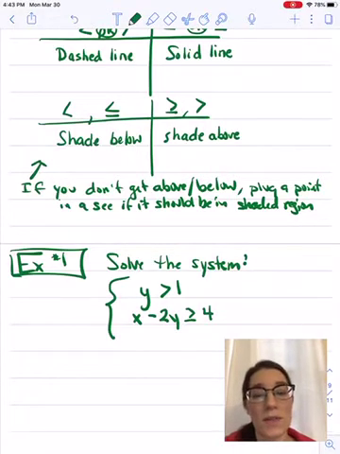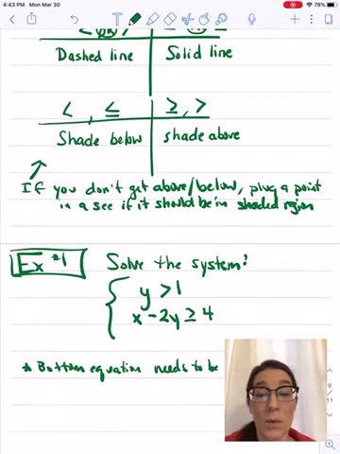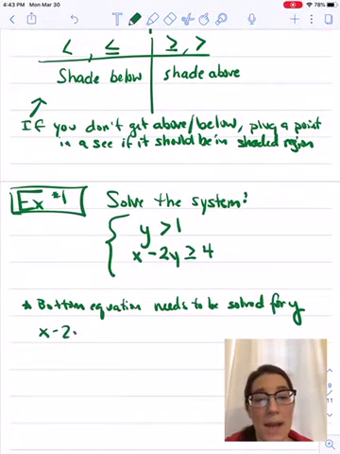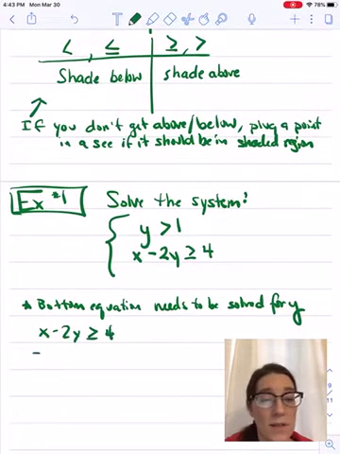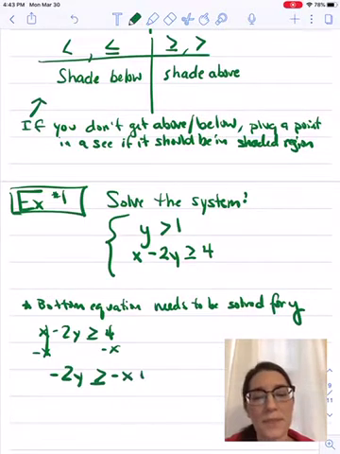So according to those steps, the first thing that we need to do is to solve that bottom equation for y before we do anything else, because we need to be able to graph it, and we want to use y equals mx plus b form to do that. So the bottom equation needs to be solved for y. Now, when I do this, you're going to notice that I'm left with a -2y.